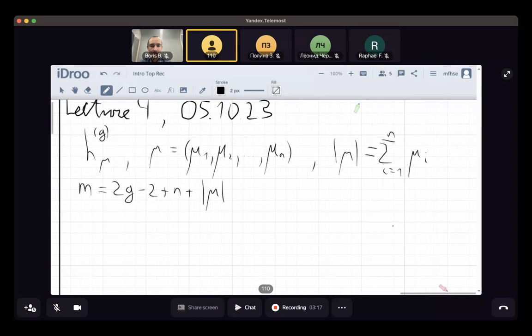Let me give two definitions which differ by a combinatorial factor, and then we'll see what this difference is and how it is related to what we did in the seminars.